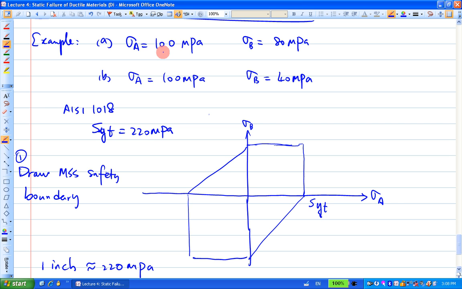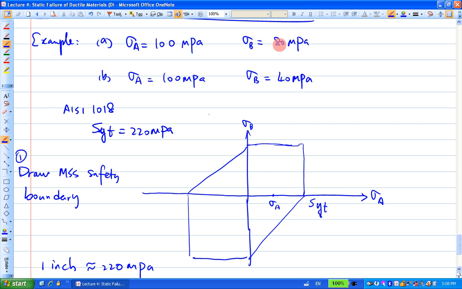For example, this is 100 megapascal, and this is 80 megapascal. So sigma A is roughly half of this SYT. According to the scale that we did, it's a little bit less than half, but with that precision there are definitely going to be a few human errors. So this is going to be sigma A here.